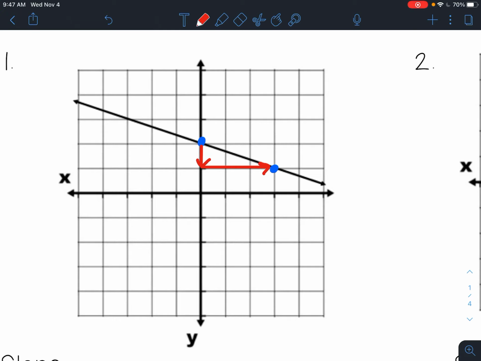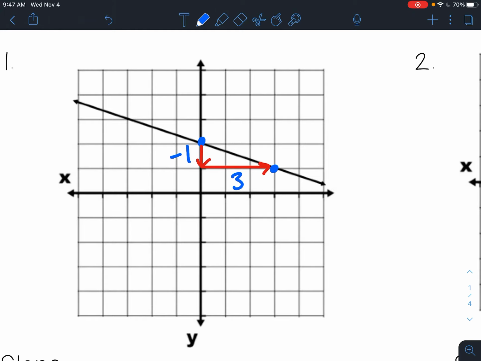I now have to describe what kind of change that was. Moving down 1 is going to be a -1 for my change in y value, my rise of -1. And I move to the right 3, which is going to be a +3 because I'm moving to the right. I'm gaining x values, but I'm losing y values, going in this direction.